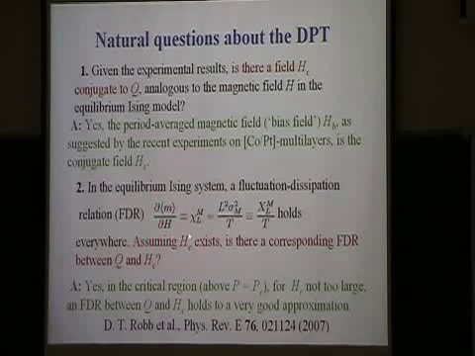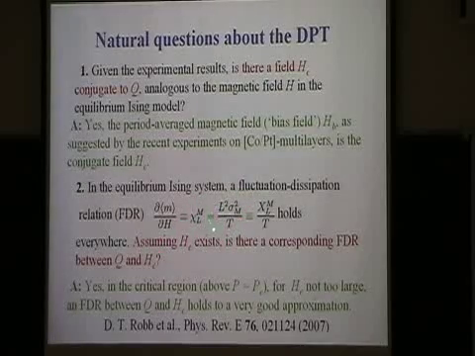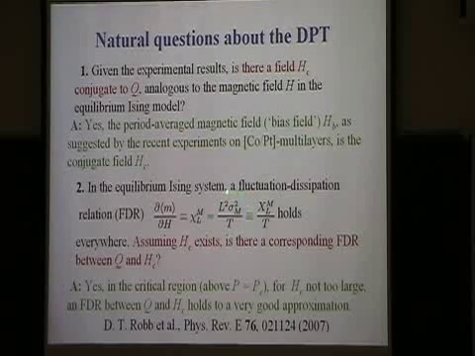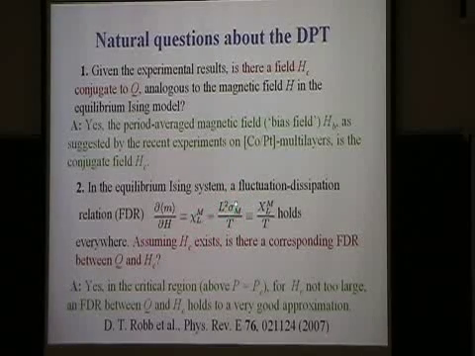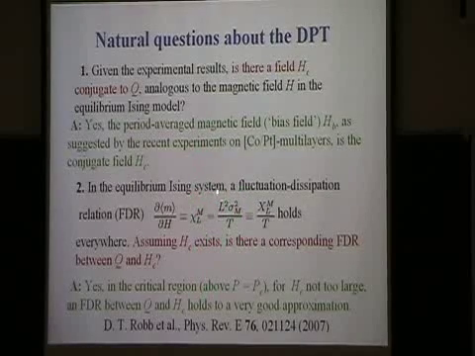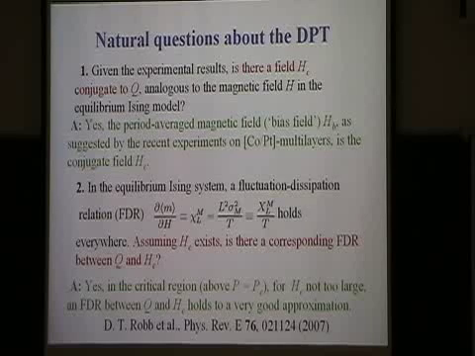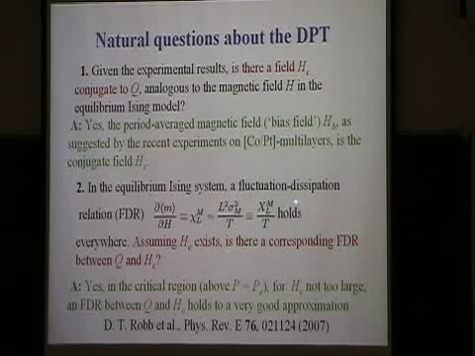So the FDT then, this is the definition of my susceptibility, finite size scaling, standard equilibrium thermodynamics shows this. It's just a consequence of the fact that the equilibrium partition function is a generating function for moments.